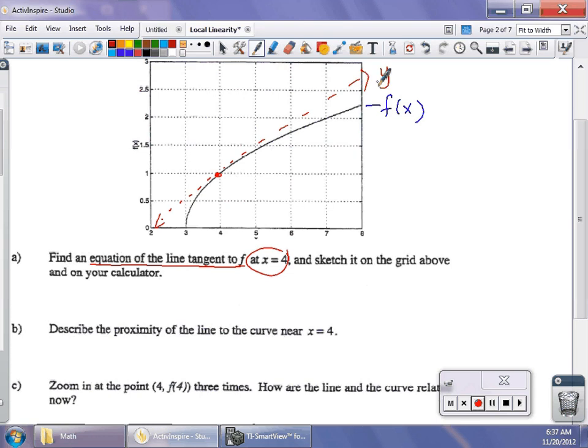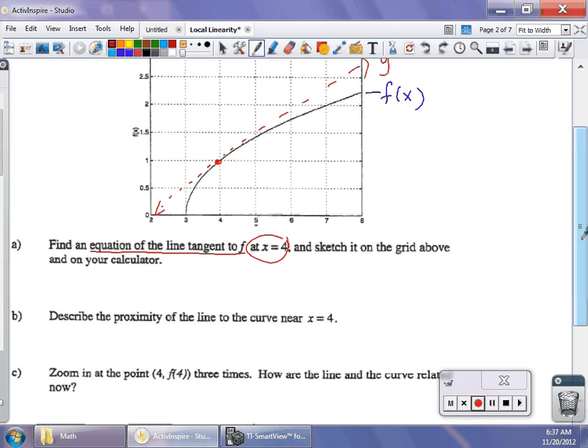So remember, when we're writing the equation of a line, it's not standard form, it's point slope: y minus y1 is equal to m times x minus x1. To find the slope, we're going to need to find the derivative of the function.